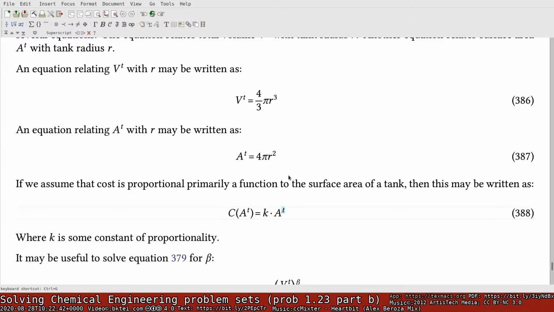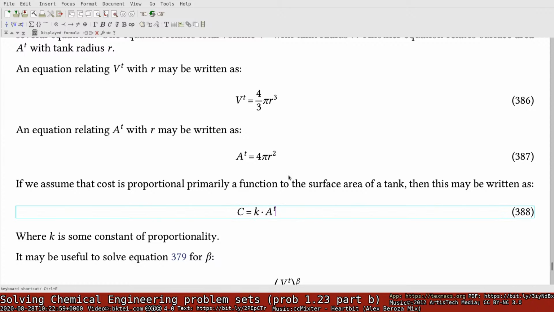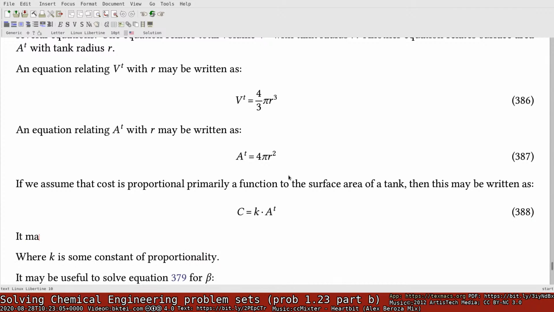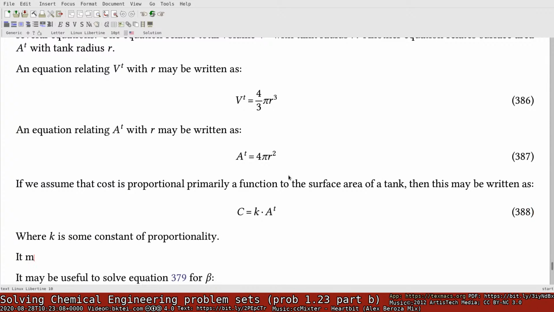And surface area is a function of volume. It may be useful to solve for the surface area as a function of Vt. Let's just see what that does.